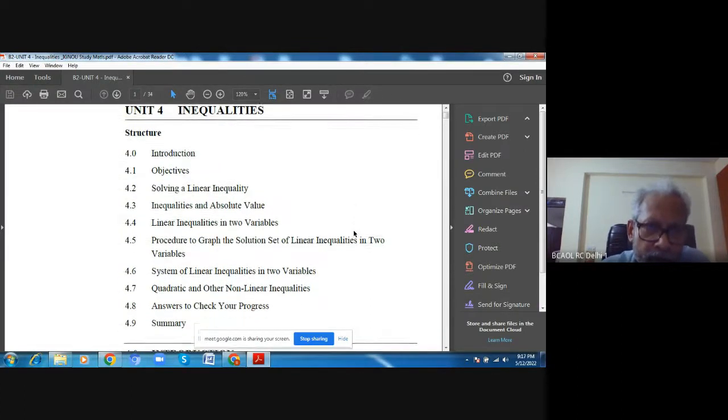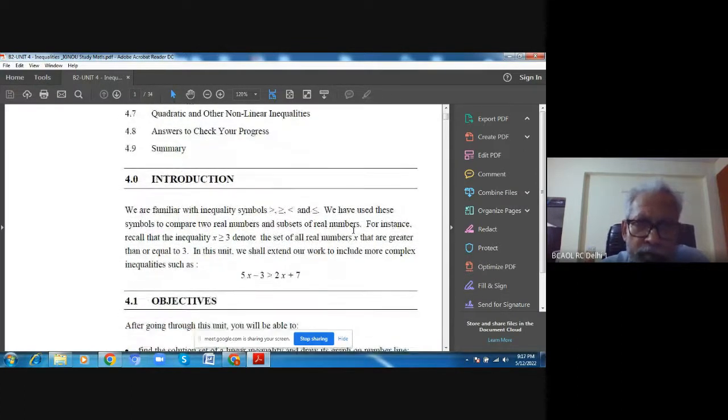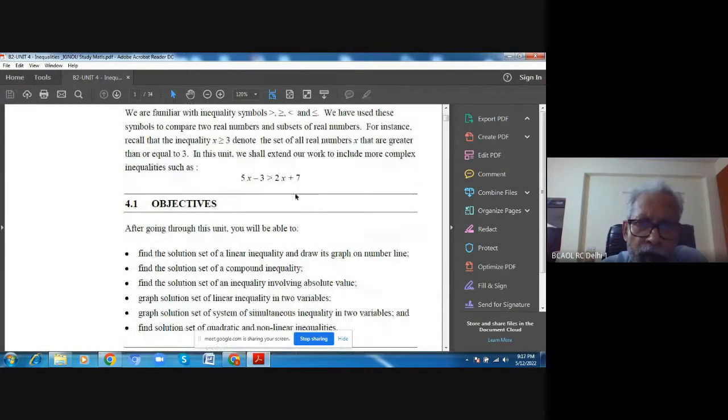I can show you some of the things. Here you see there is a not equal, it is greater than or something. This type of thing we can call a complex type of inequality, or a complex type of equation.